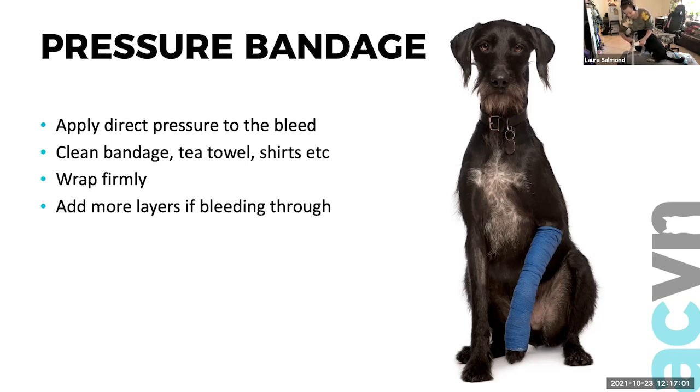Now, say she had an arterial bleed or a heavy venous bleed, and this bandage started to strike through, so the blood started to come through because it was soaking that pad or whatever I had there instead. I'm not going to remove this dressing, okay? I'm not going to take this off and put a new one on. I'm just going to keep adding more and more layers until I get to a point where I can stop that bleed.